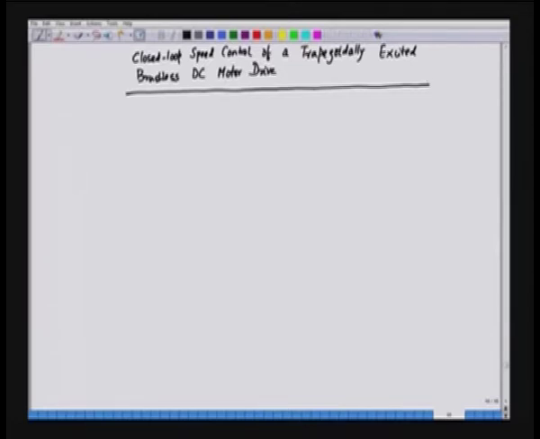We have the expression torque is equal to kT into ID. So, in fact, we can control the torque by controlling current.